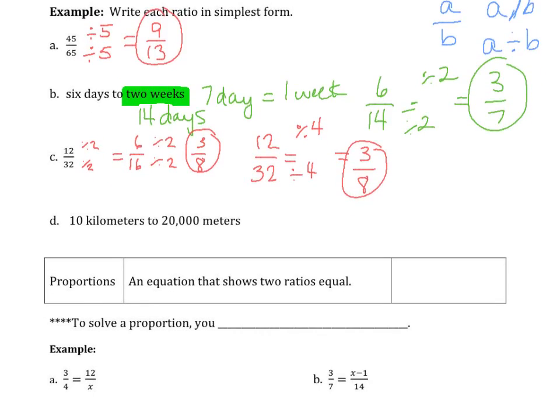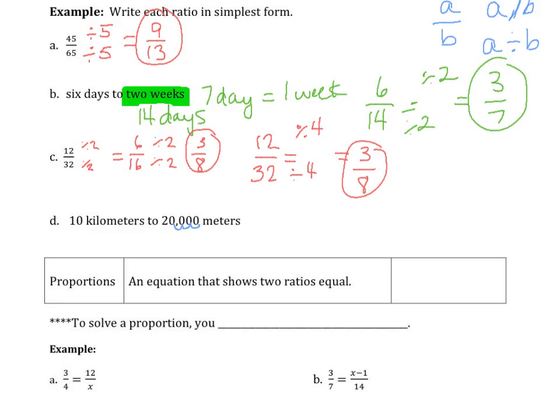All right, and our last example of just writing ratios is looking at 10 kilometers to 20,000 meters. So again, I have to go from meters to kilometers. I'm going to use what I know about meters and kilometers. So I am going to bump it back 1, 2, 3 units.